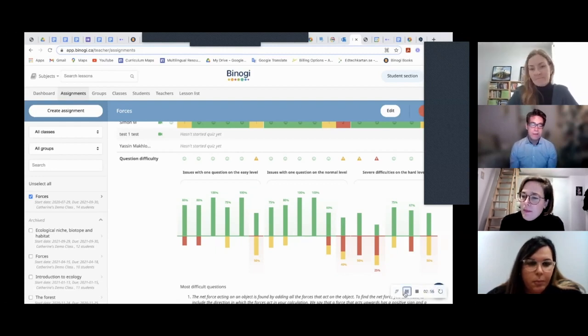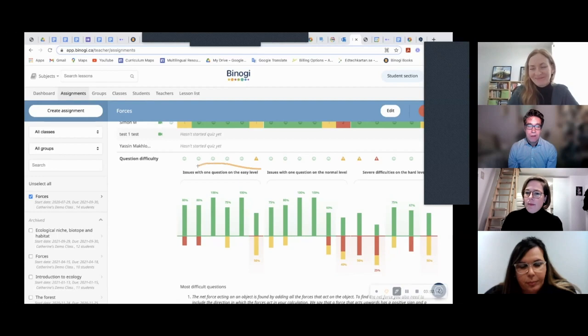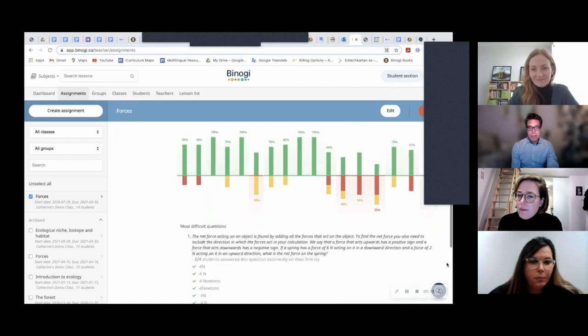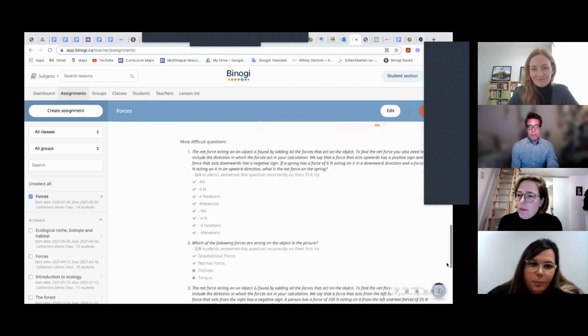Because I think this is also in all the countries, we don't have enough time to teach them everything. You have not enough time. So it's very good to have this, to see what are the things you need to do on the next lesson. And also, of course, each student, what they are going to need, what they want help with.